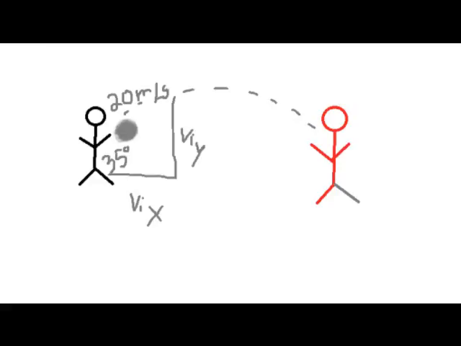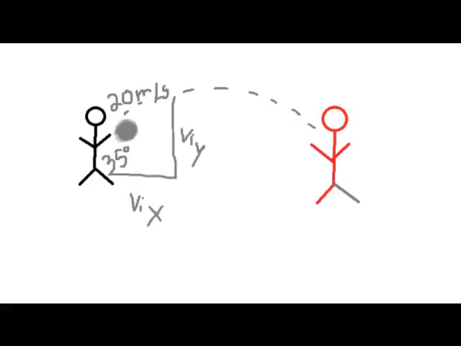Next, we need to find the time. Time equals Vf minus Vi divided by A. So we would do negative 11.5 minus 11.5 divided by negative 10, which gives us 2.3 seconds. We use the time to figure out delta x.